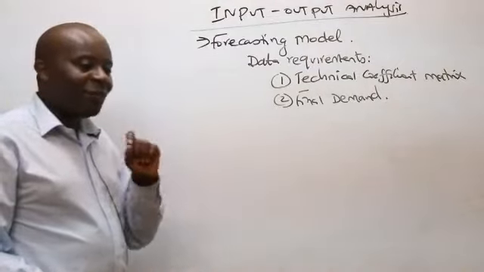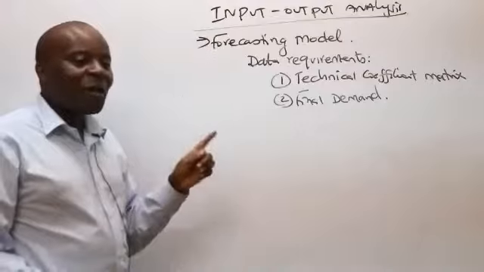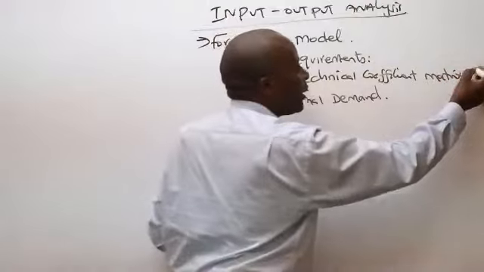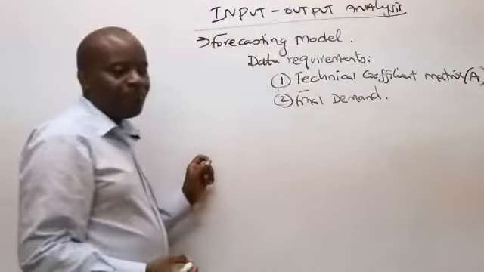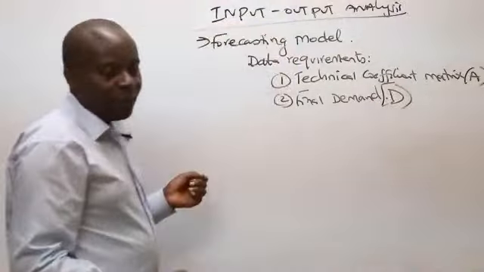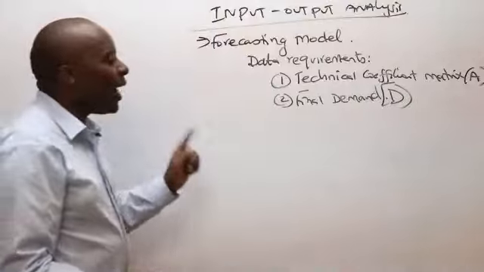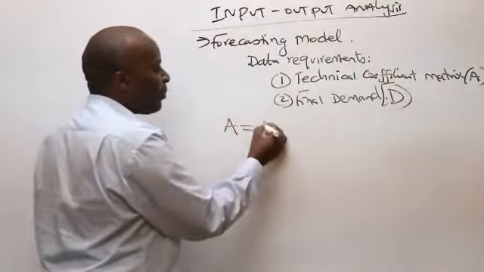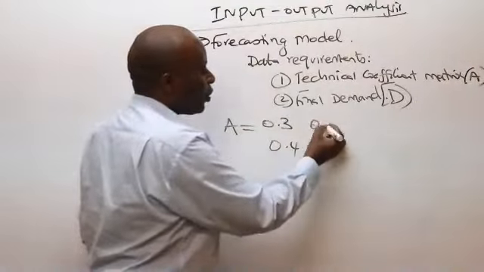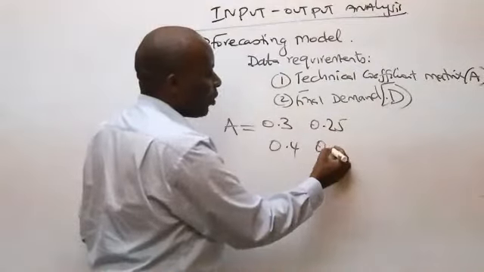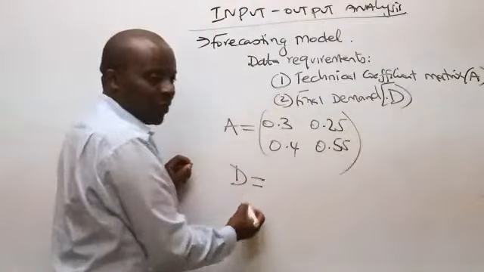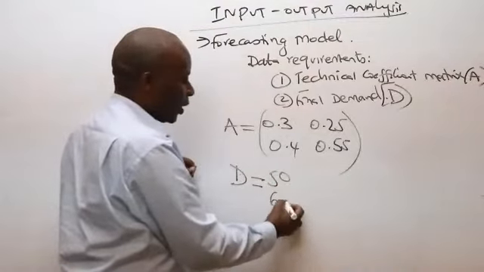Even before I define these things very well for you, I want you to know from today that the technical coefficients matrix will always be called matrix A, and the final demand matrix will be called matrix D. Say A is given to us as 0.3, 0.4, 0.25, and 0.55, and the final demand is given as 50, 60.